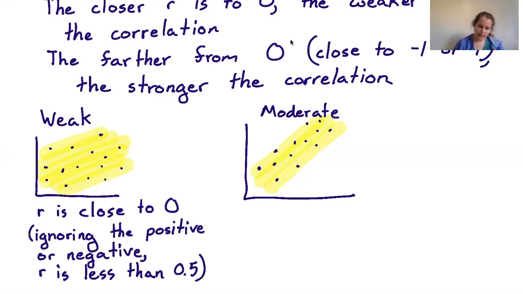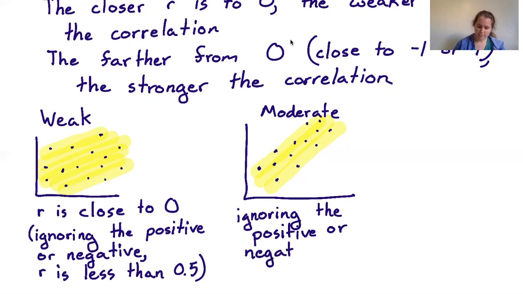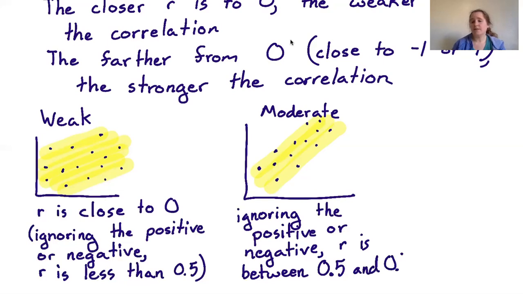For a moderate correlation, again, ignoring the positive or negative, R is between, we'll go with 0.5 and 0.7. This is not precise by any means. This is just the cutoffs that I use.